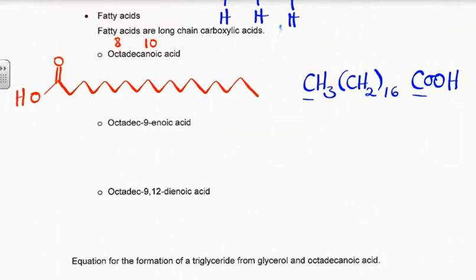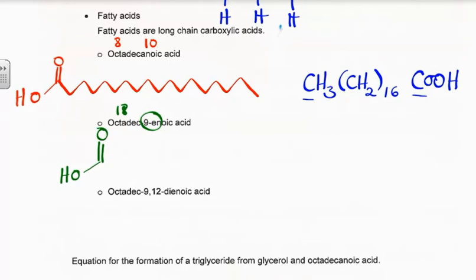What's different in the next one then? We can probably see that now it's gone from decan to decene. So this has got a double bond, and the 9 tells us it's on the 9th carbon of the chain, counting back from the carboxylic acid.